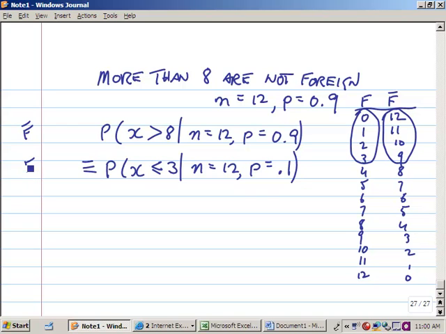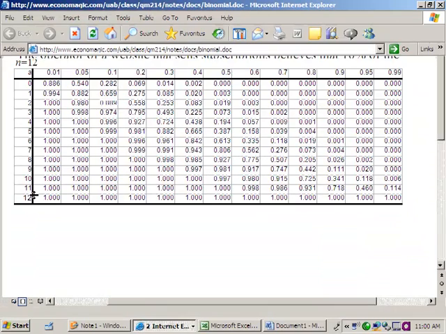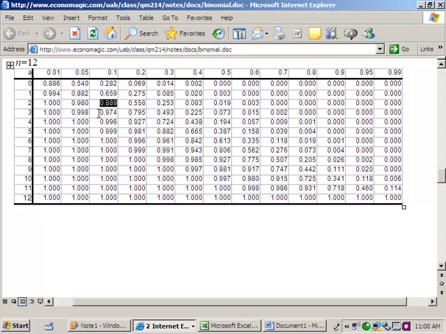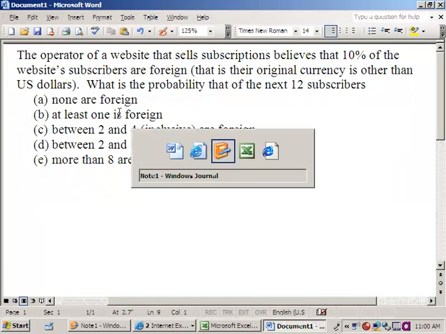This we're doing in terms of not foreigners, this in terms of foreigners. And this number here we can look up directly from our table, so that's the easy way, right? So n of 12, p of 0.1, and less or equal to 3. Okay, and that's 0.974.